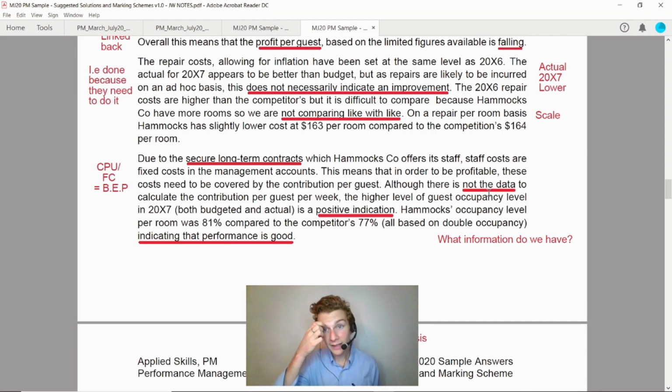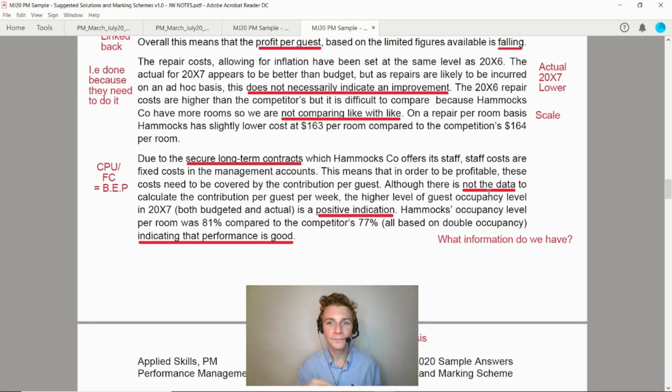And for 2006, the repair costs are higher than the competitors, but it is difficult to compare because Hammocks Co. have more rooms, so we're not comparing like for like. Yes, so think about it, we're not comparing apples and apples. We're sort of comparing apples and oranges here because the two different types of hotel, yes, they are functioning in terms of an apple's a fruit and an orange is a fruit, but they're not the same type of hotel.